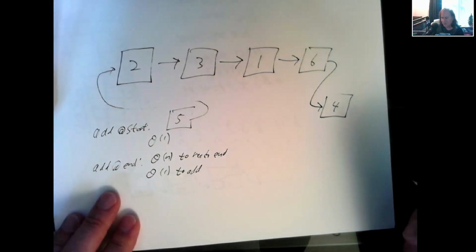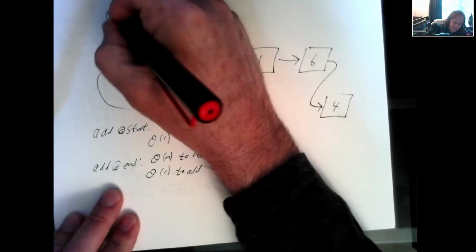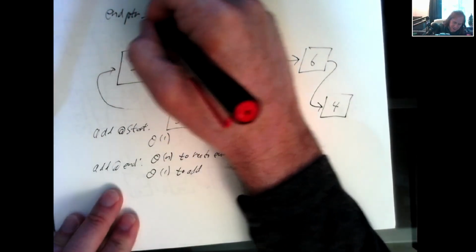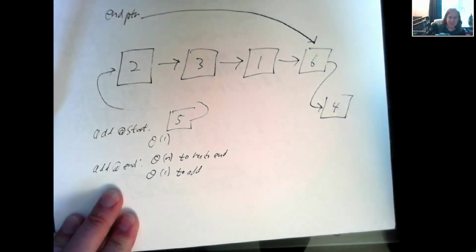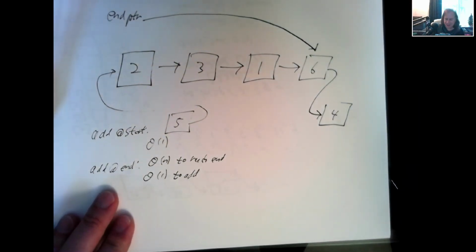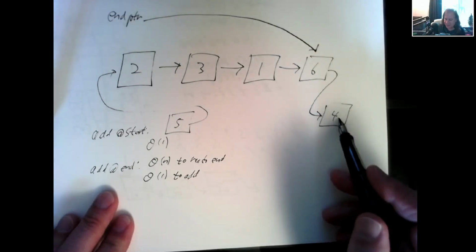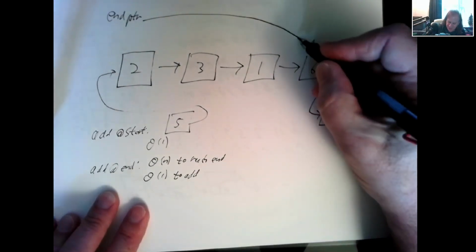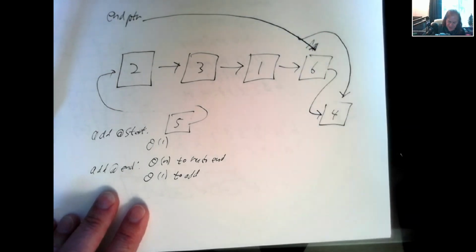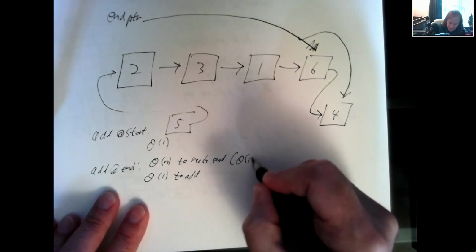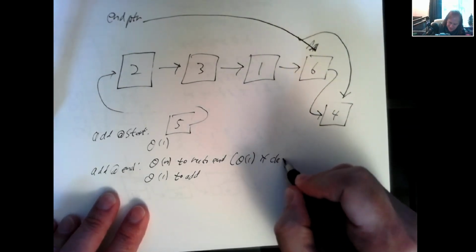But we can create a modified linked list that, for example, would always keep something like an end pointer that points to the last node in the list. And now if I want to add, I simply follow that to get immediately to the last node, add my new node, and then change the end pointer to point to that. So we can do this in order 1 if we're a little clever.